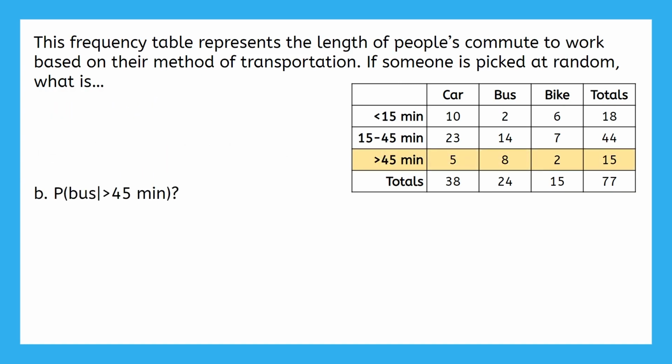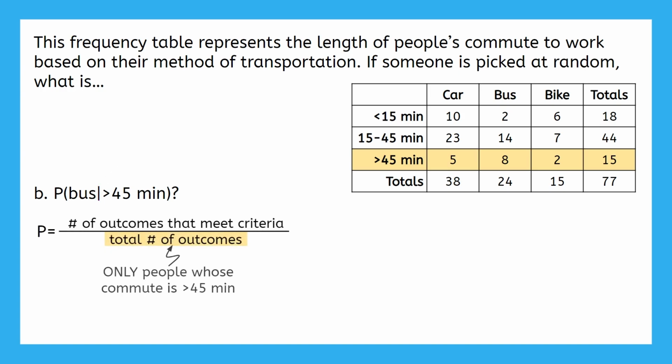Part B asks for the probability that a person commutes by bus, given that their commute is more than 45 minutes. We have conditional probability here, so we are only looking at people whose commute is longer than 45 minutes. That means this row right here is all we need to worry about.